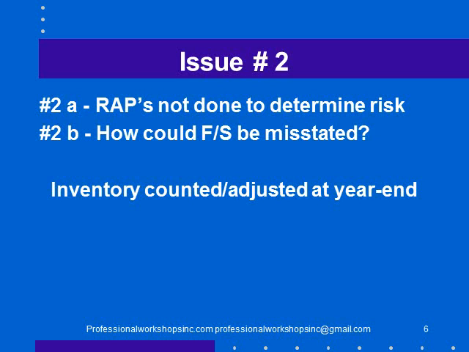So even if people had stolen stuff, the financial statements could not have been materially misstated because the bank was reconciled at year end and inventory was counted and adjusted at year end. So if there had been theft, it would have been eliminated. The effect of it would have been eliminated, and the financial statements at year end would have been correct.